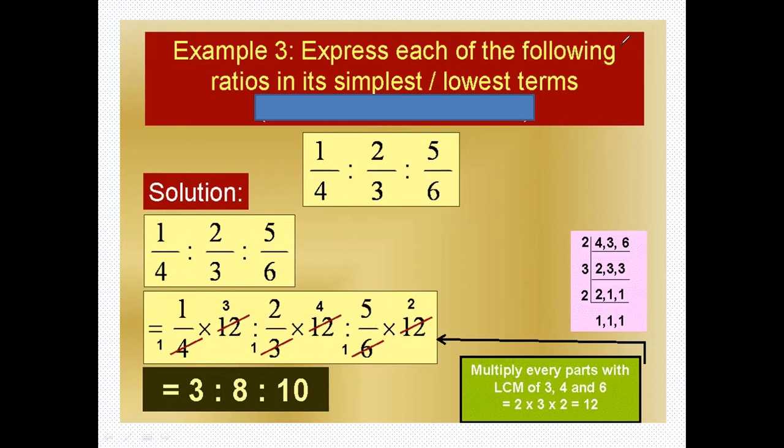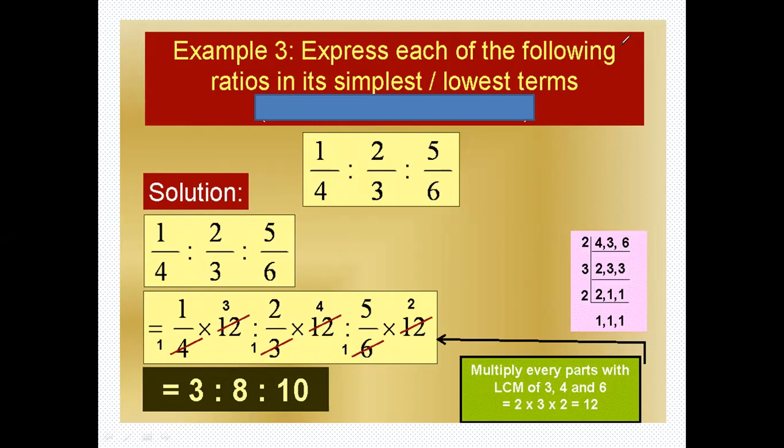You have 2 and 2, so the LCM is 2 times 2, and we have 3 and 3, so times 3, and we have this one last, times 2. 2 times 2 is 4, times 3 is 12, times 2 is 24.